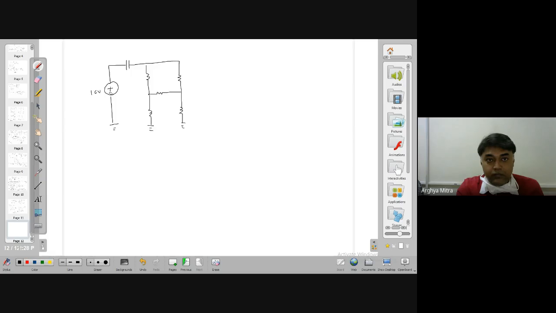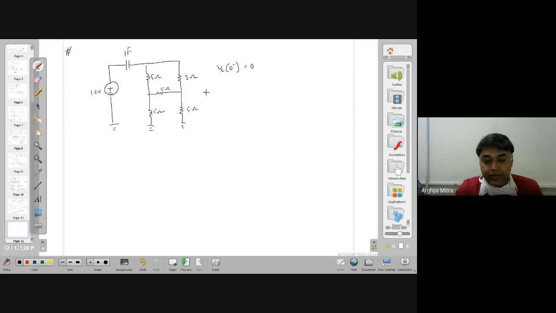This is 10 volt. This is 1 farad. This is 5 ohm, 5 ohm, 5 ohm, 5 ohm, 5 ohm. Vc0 minus equal to 0.